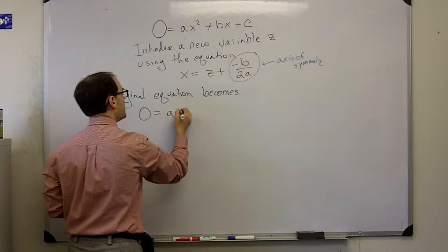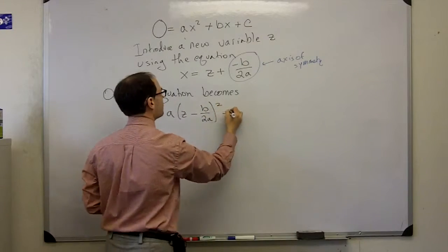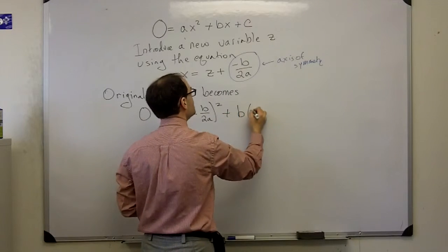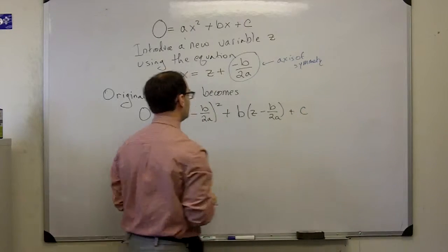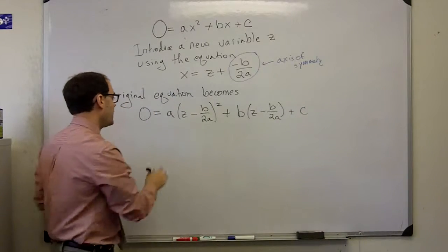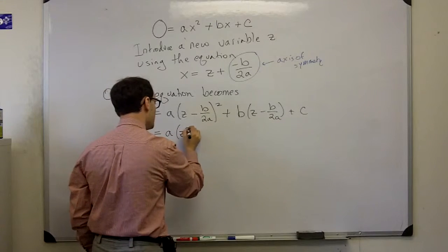0 is a times z minus b over 2a, squared, plus b times z minus b over 2a, and the c is left alone. Okay, well, let's do out the squaring here. Let's, as they say, FOIL it.